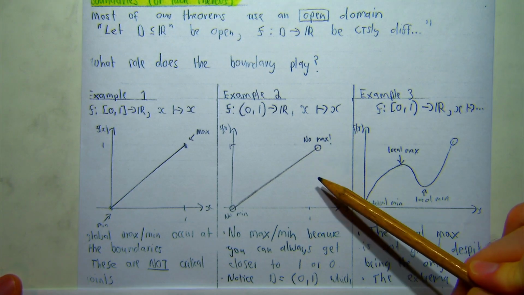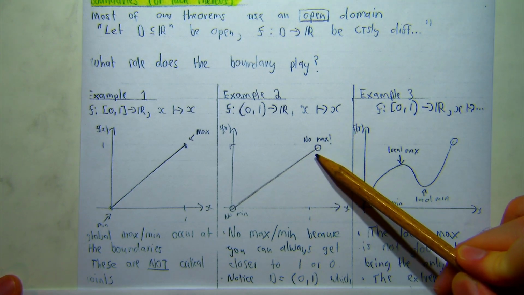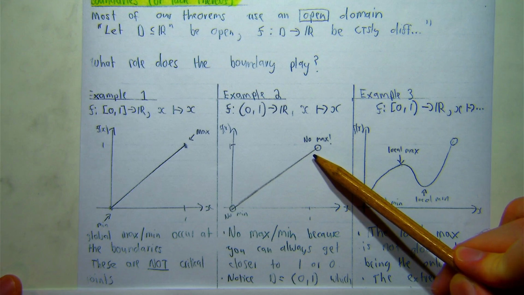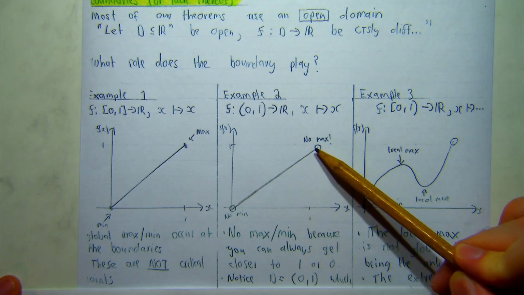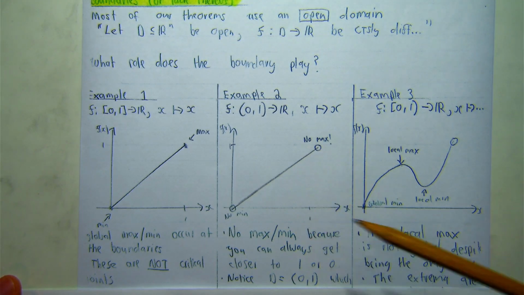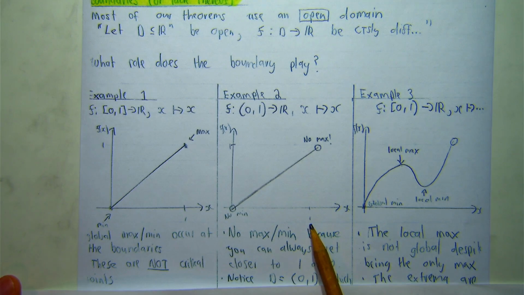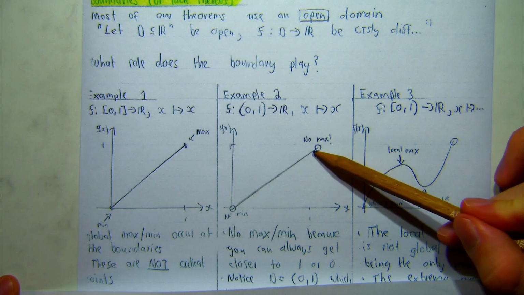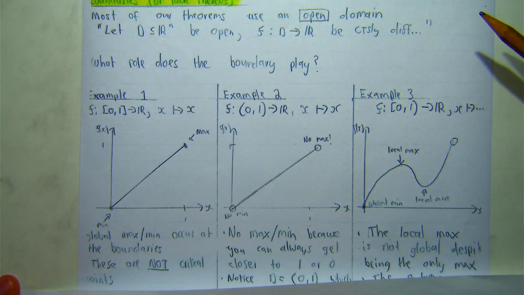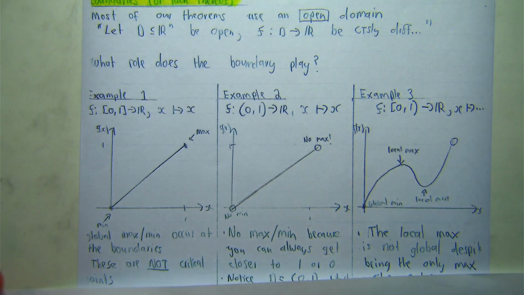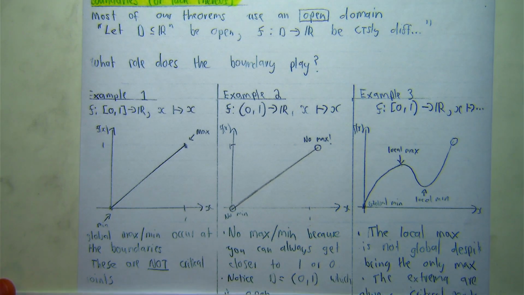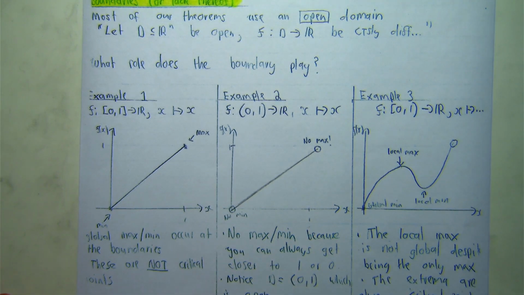But any point that you choose to stop at is not going to be the largest point because you could just add the difference between that point and 1 divided by 2 and you will get closer to 1. So you can always increase your objective function by moving closer to 1, but you cannot pick 1 because it's not included in the domain. So there's no max because there's no point that is the largest in terms of to the left and to the right of that point. So interesting how now there's no max and no min and our domain here is open.